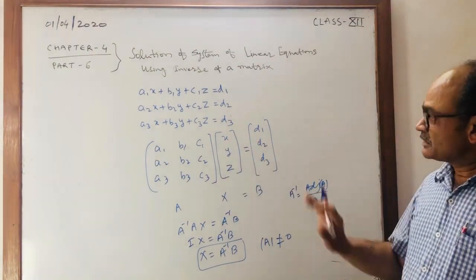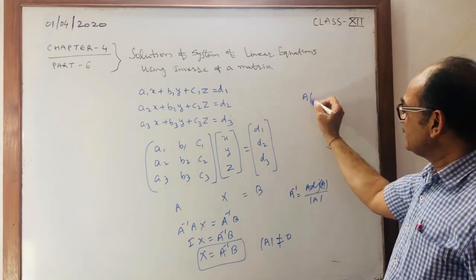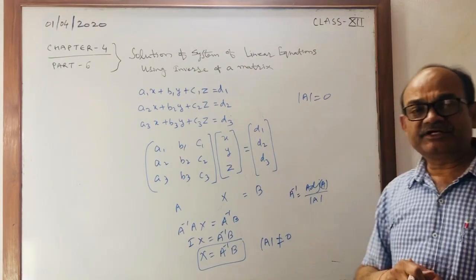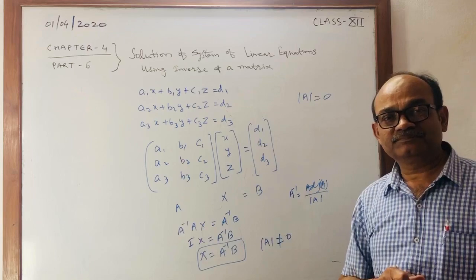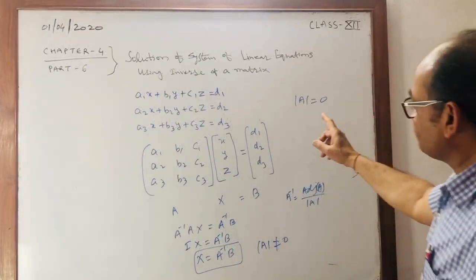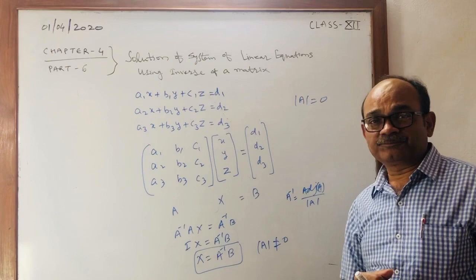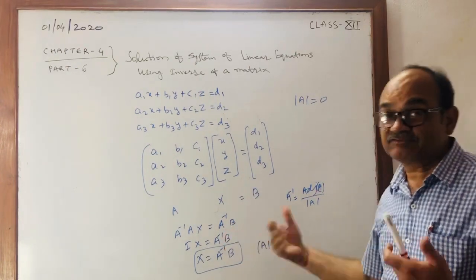Second case: sometimes we will get determinant A value 0. Then what will we do? If determinant A equals 0, then there will be no unique solution because inverse is not possible.